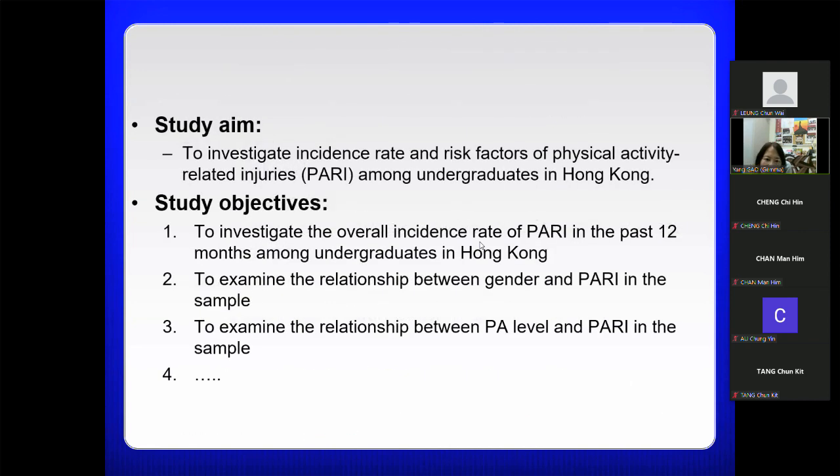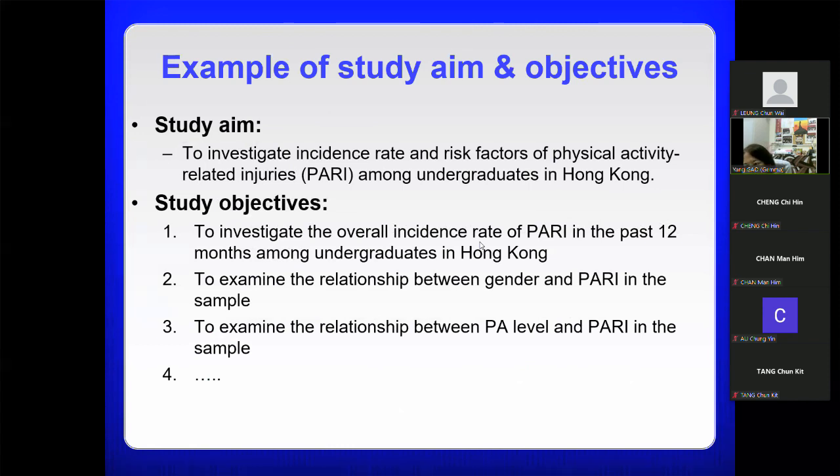Here is an example of a study aim. The study aim of a study is to investigate incidence rates and risk factors of physical activity related injuries among undergraduates in Hong Kong. To achieve the overall purpose of the study, the authors specify the following objectives.